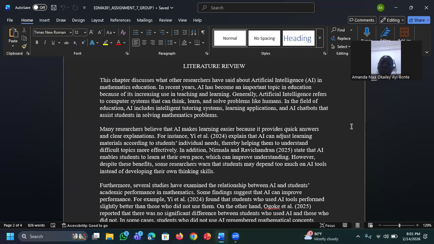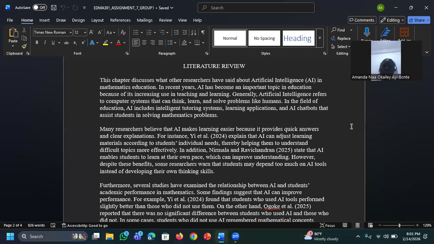Okay, so the third one is that they all agree that it has a mixed impact on academic performance. That is to say that we can't necessarily point out that if you use AI, there is 100% assurance that your academic performance is going to increase, or if you use AI, it is definitely going to bring down your academic performance. That is something we all agree on. It has its advantage and disadvantage.